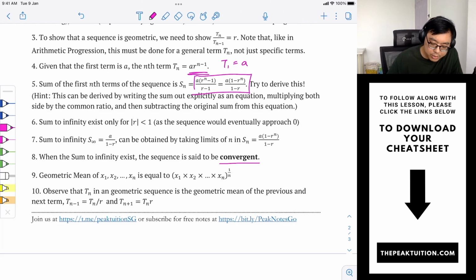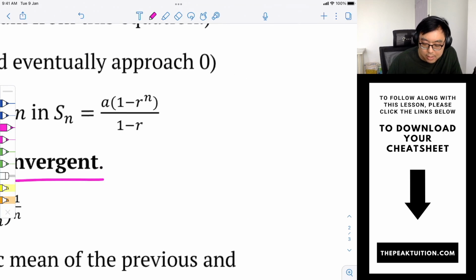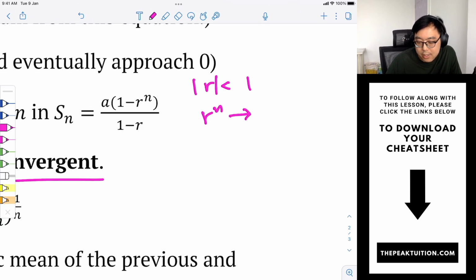So sum to infinity, denoted as S infinity, can be obtained by taking limits of the original sum. Actually, it's quite straightforward, because when modulus r is less than 1, r to the power of n approaches 0 when n approaches infinity.